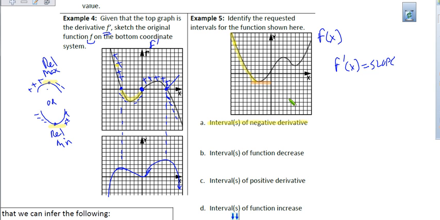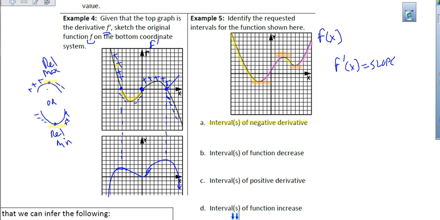So the derivative itself would be changing from negative in yellow, and then it's horizontal at that orange spot, and then it becomes a positive slope all the way up to this spot. And then we have a 0, and then it changes back to negative as we progress on, and then we have another 0 spot, and then we go to increasing again, which is increasing all the way over here.